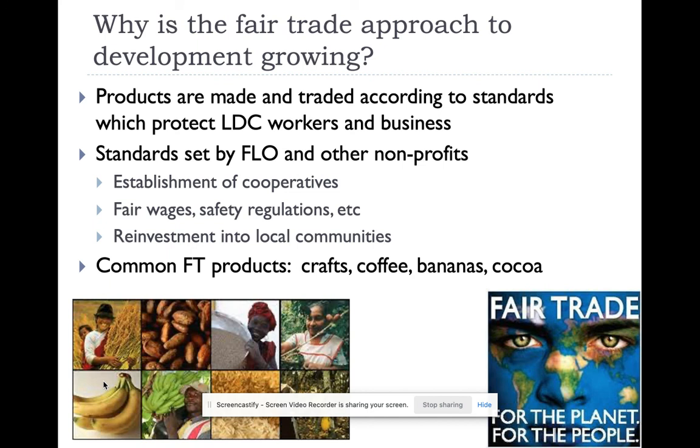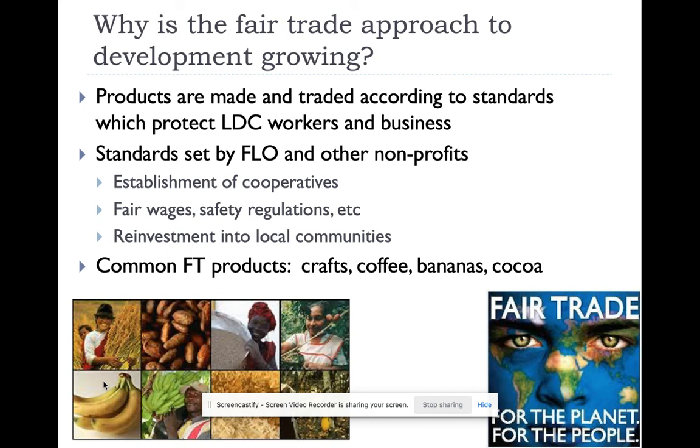Fair trade products are made and traded according to standards which protect LDC workers and businesses, right? Standards are going to be set by nonprofits. You're going to see a lot of cooperatives, fair wages, safety regulations, and all of those things. And fair prices for products are going to be big things, right? And then you'll see a reinvestment part that goes with it as well.